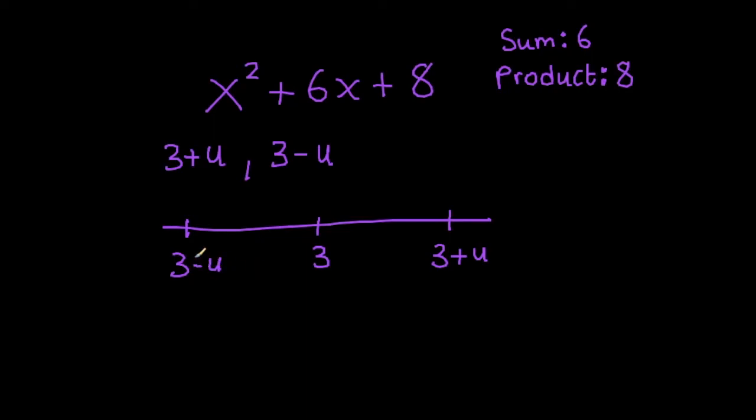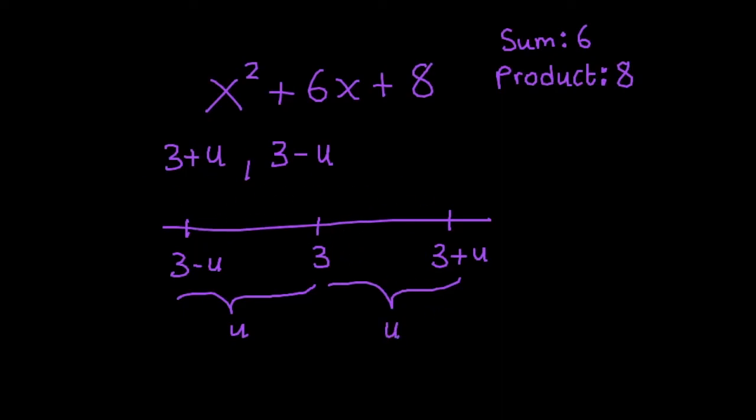Look at the distance between 3 minus u and 3, it's just u. We just add u to 3 minus u to get 3. And what about the distance from 3 plus u to 3? Well, it's also u. To get from 3 to 3 plus u, we just add u to 3. So their average is 3.